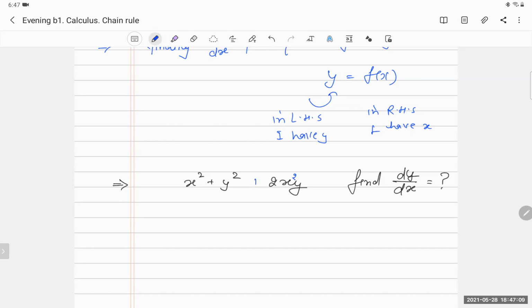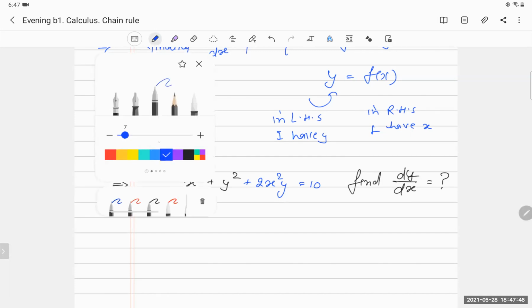Square equal to 0. So any complicated expression can be here.